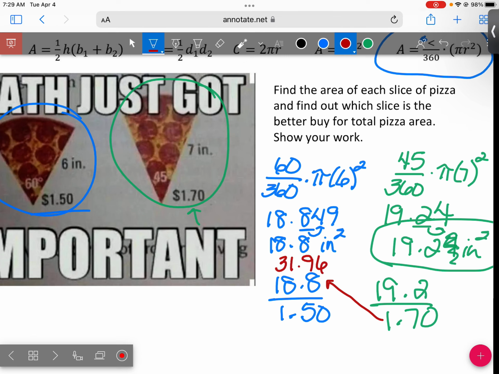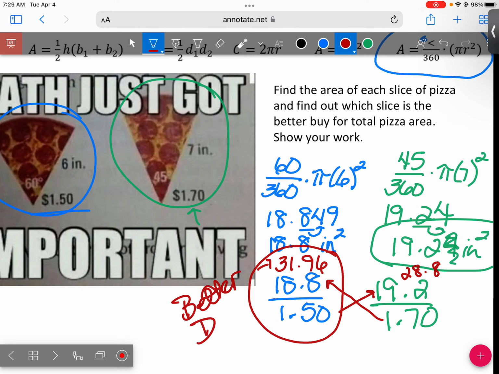And $1.50 times 19.2. 28.8. Because this one is bigger, that means that this is the better deal per area. This is the better deal right here.